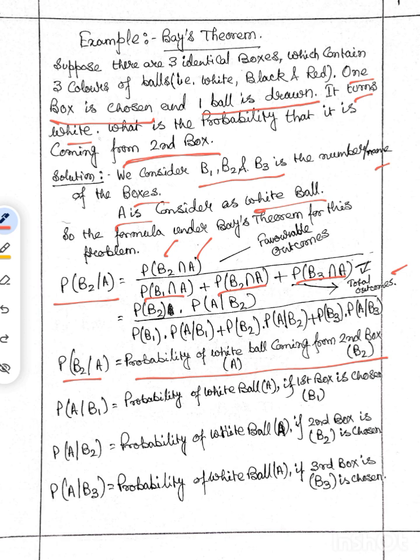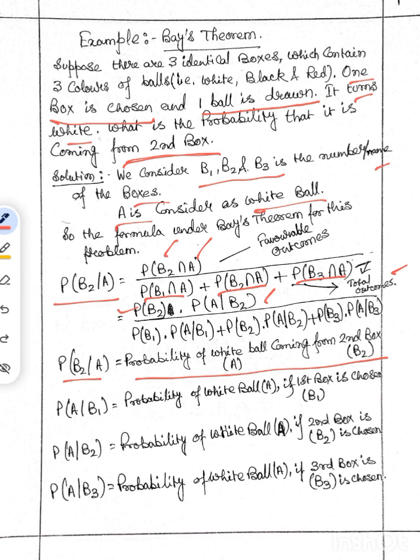If we illustrate P(B2 ∩ A), we get two probabilities. The first probability is P(B2), that is selection of the second box, and the next part is P(A|B2). That means the probability of white ball if the second box is selected. That should be our numerator.